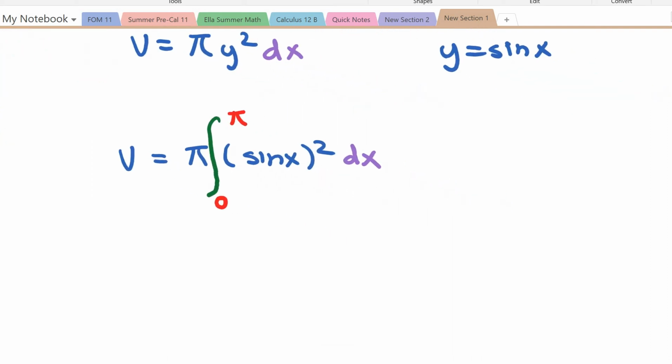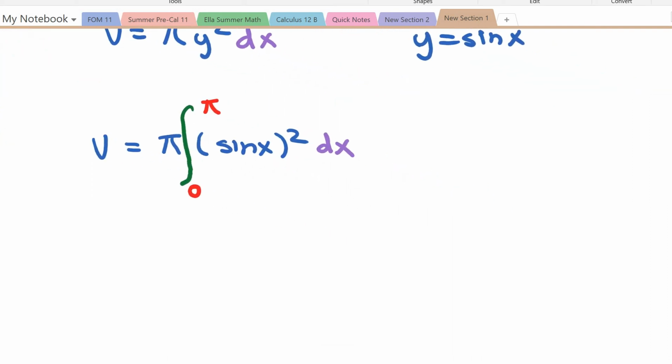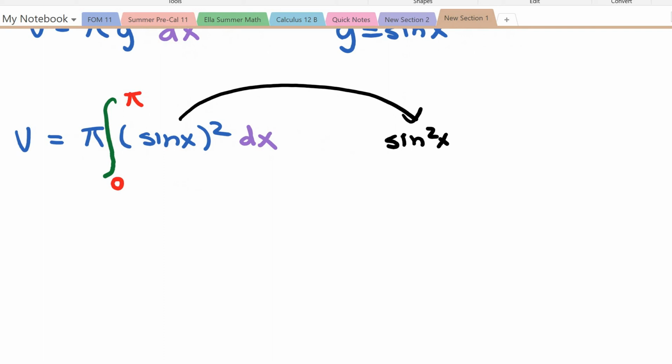Okay, now before we can officially integrate this, we have to replace sine x all to the power 2, which is sine squared x, with an identity from pre-calc 12. So sine squared x is the same thing as 1/2 minus 1/2 cos 2x.